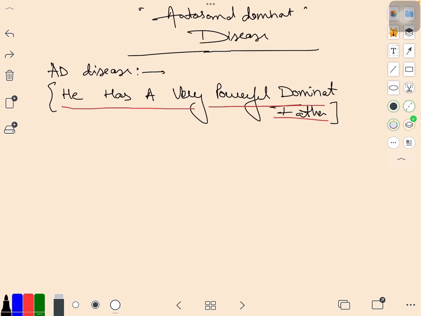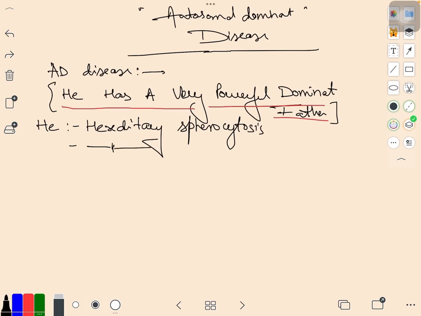Okay, so first of all, let's talk about HE. In this, it is hereditary. Hereditary what? Hereditary spherocytosis. Second one is hereditary hemorrhagic telangiectasia.